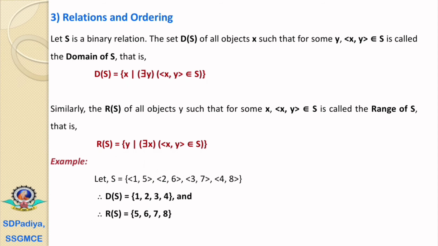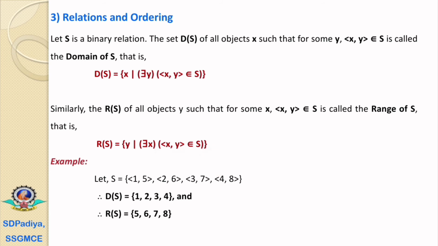It will be clear to you with the following example. Let S be a set of 4 ordered pairs, that is (1, 5), (2, 6), (3, 7) and (4, 8). Therefore, the domain of this set S will be the set of the first elements of every ordered pair, that is 1, 2, 3 and 4.